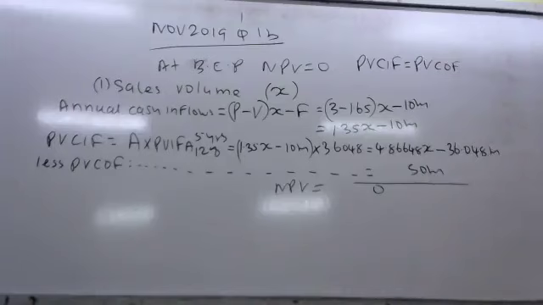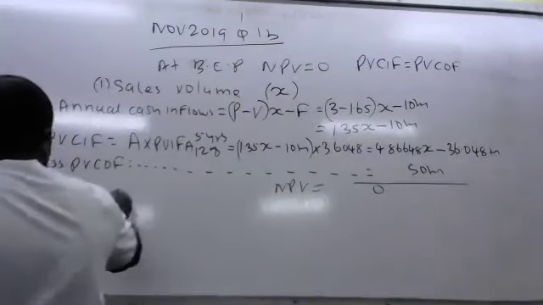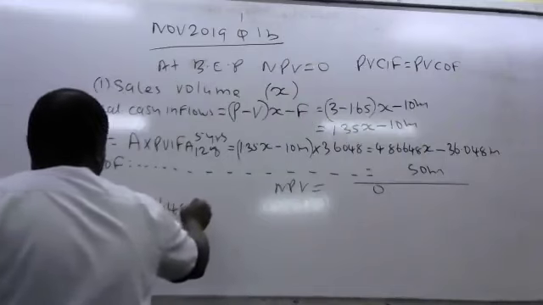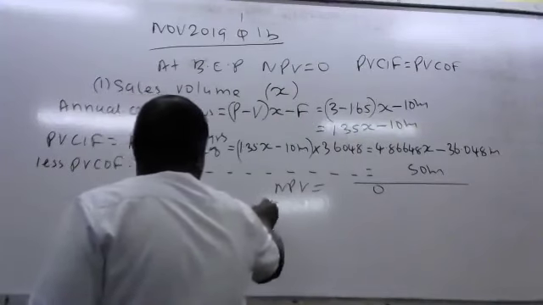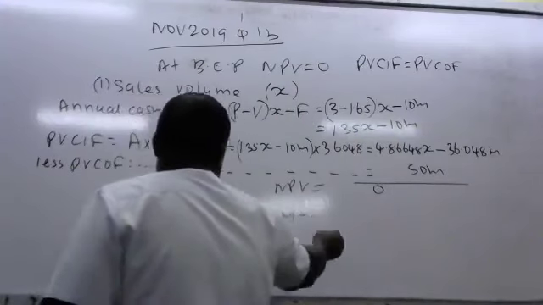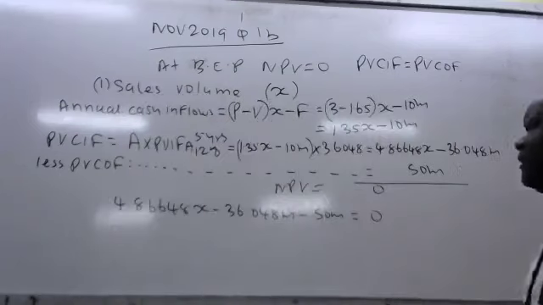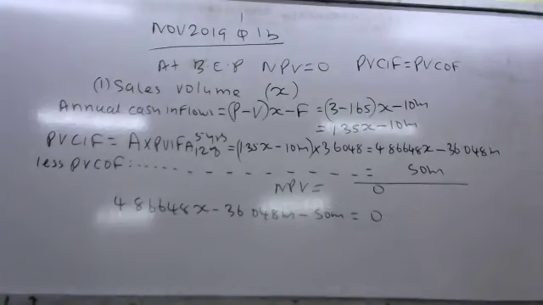And now we want to look for that X so that NPV becomes 0. So the equation is now going to be 4.86648X minus 36.048 million minus 50 million equals 0. So we shall let these figures move to the other side so that we make X the subject.